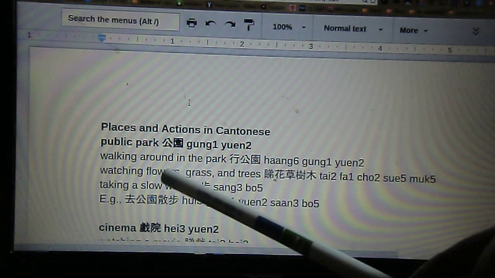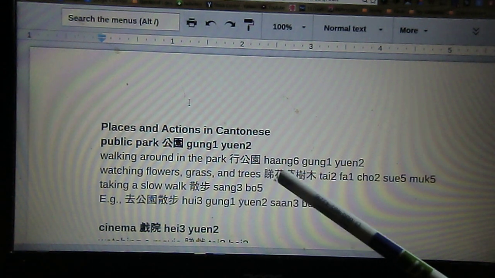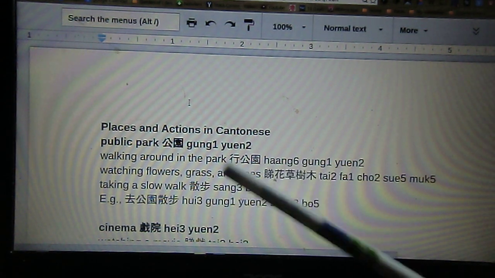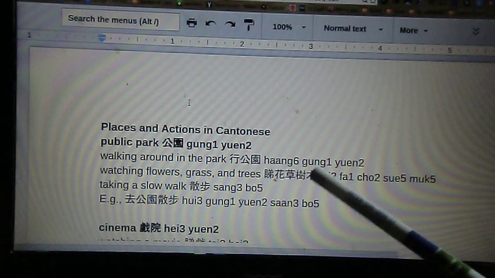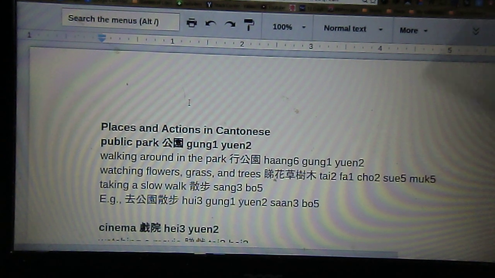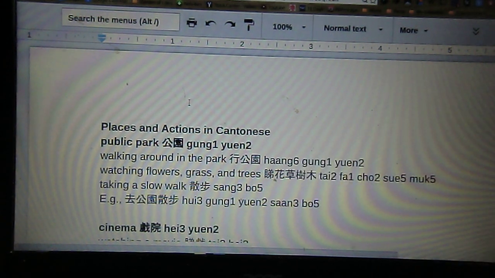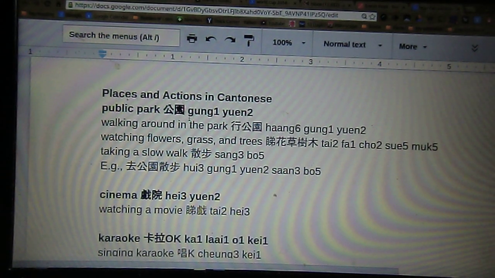We can also watch flowers, grass, and trees. 睇 watch 花草樹木. 花 is flower. 草 is grass. 樹 actually is a tree. Right? But then the general term for all the different kinds of trees is called 樹木. 木 actually means wood. Right? 樹木 is a term meaning different kinds of trees. 睇花草樹木.